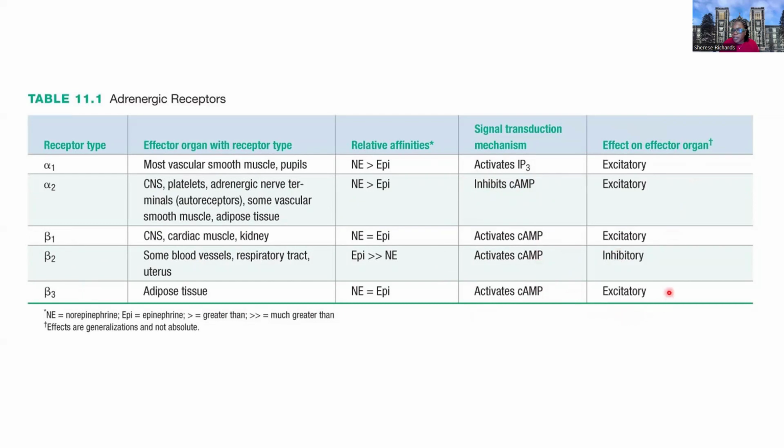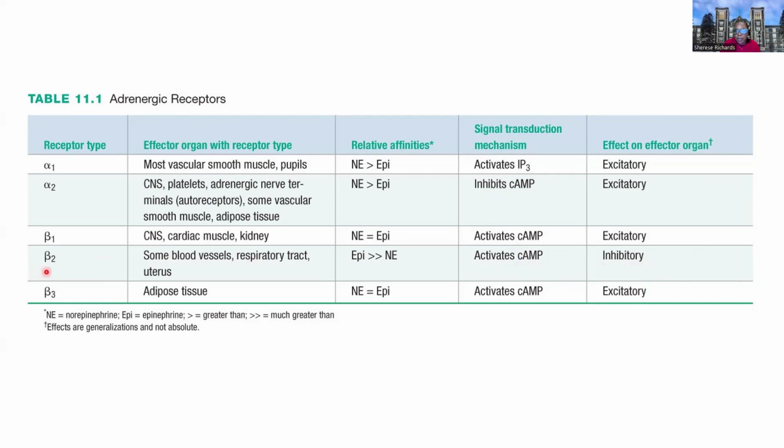And then their effects on the tissues. So I really want to point out here, this is an area where I usually see confusion, the effect that it has on its second messenger versus the effect that it has on the tissue. What's the ultimate cellular response going to look like? Is that going to be excitatory, such as contraction, or is that going to be inhibitory, such as dilation? So don't conflate these two responses.